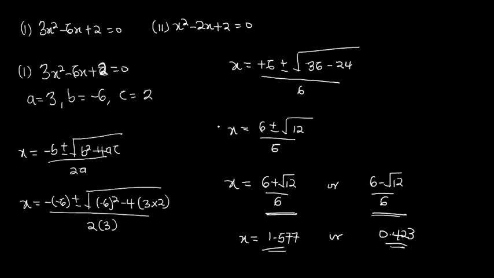All right, so let's go ahead and find the second example. For the second example, we have x squared minus 2x plus 2 is equal to 0. This means my a term is 1, my b is minus 2, and my c, the constant, is 2.